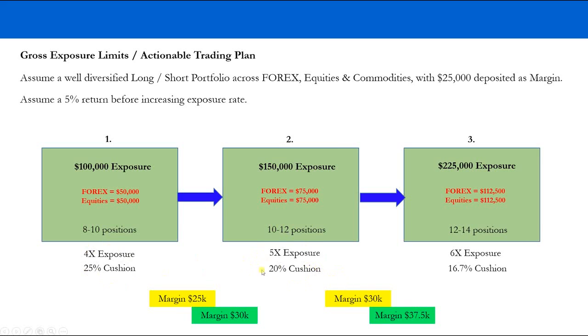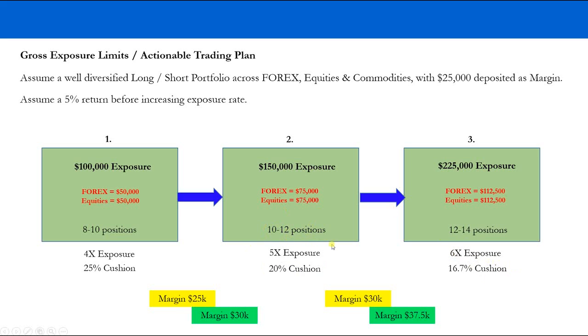As we make money, so we're looking for the 5% return on $150,000 exposure, we grow our margin from 30K to 37.5K because we've made $7,500 in the portfolio and our margin account is credited $7,500. Then we can start to ratchet up and look for increased exposure to 6 times.